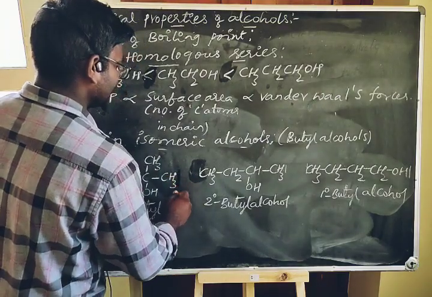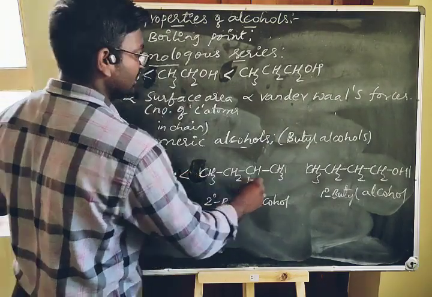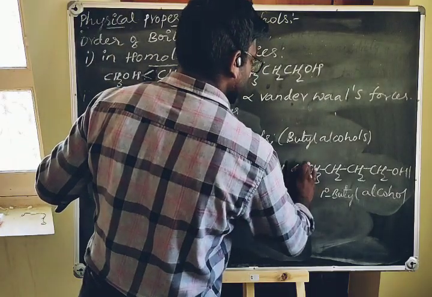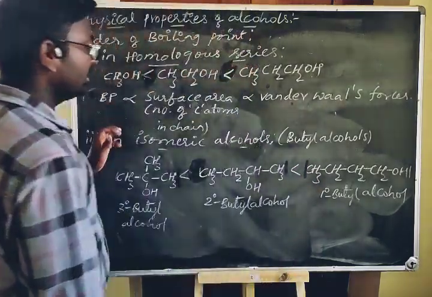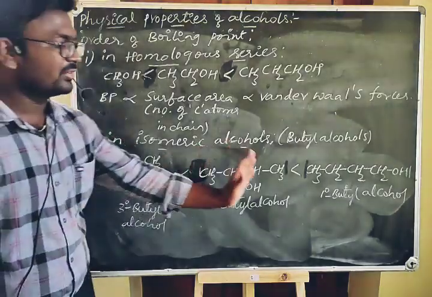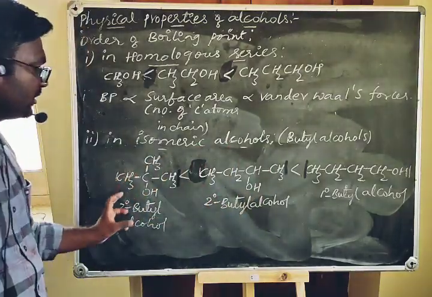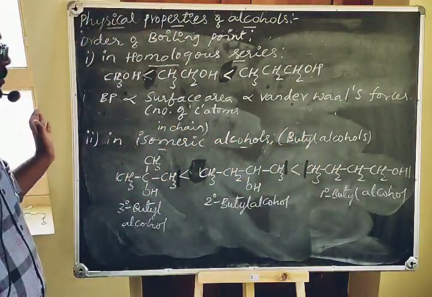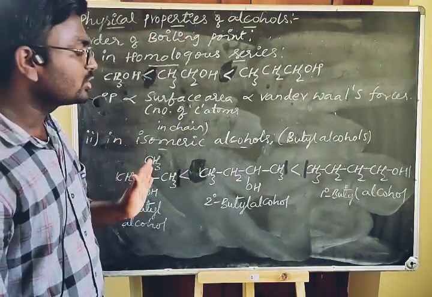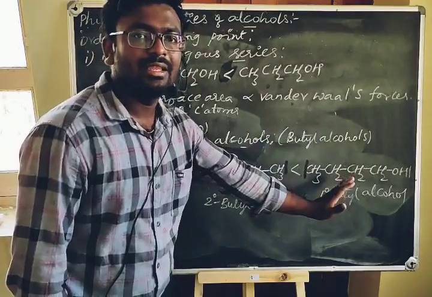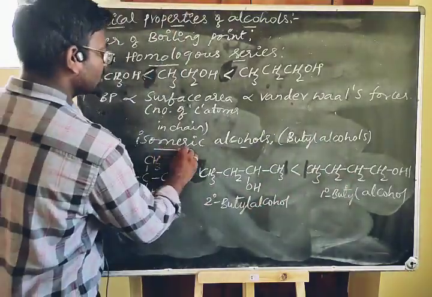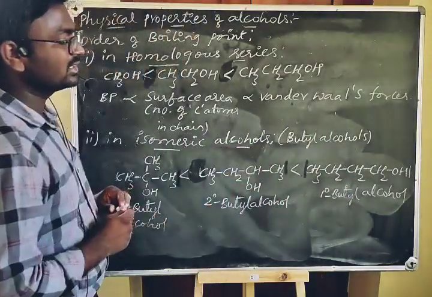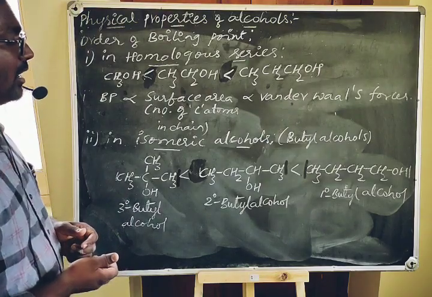Due to the increase in surface area from tertiary to secondary to primary, the boiling point of alcohols also increases in the same way. This is in the case of isomeric alcohols.